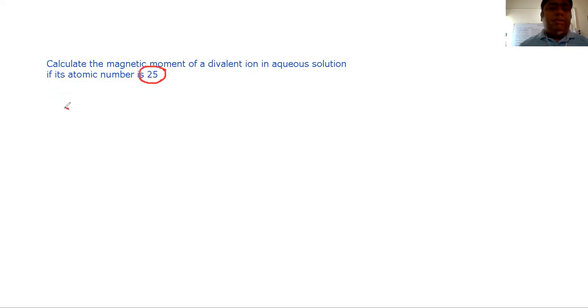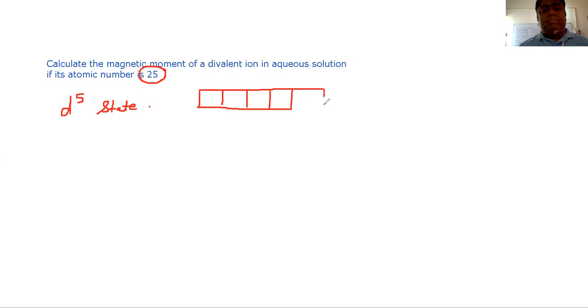That means it is a D5 state. If it is D5, that means it has 5 unpaired electrons. One, two, three, four, 5.